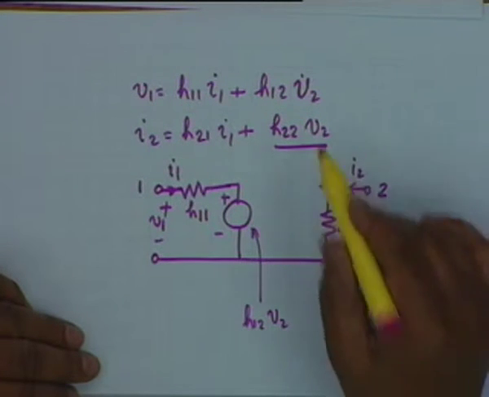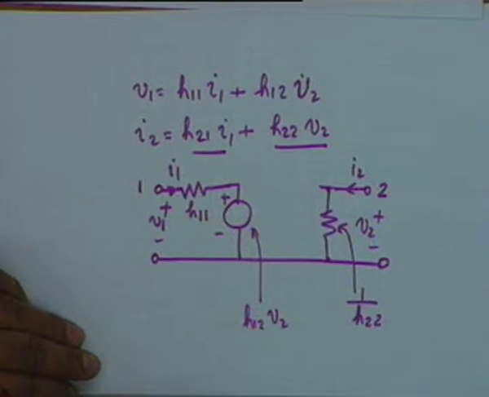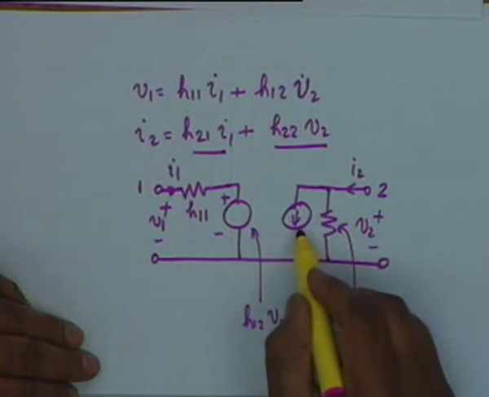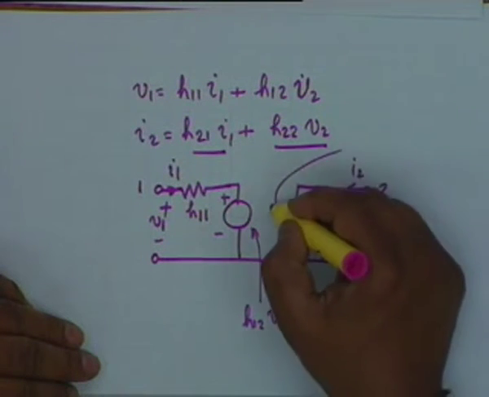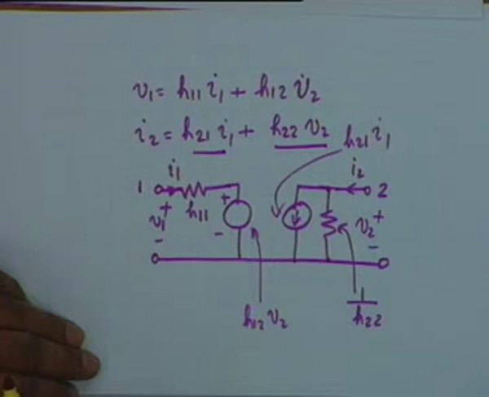So V2 times H22 is the current, and the other current is H21 I1, once again can be represented by a current generator, a dependent current generator, a current controlled current source. This is H21 I1. All right.